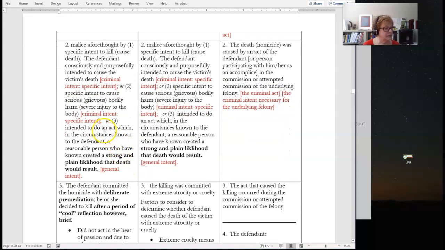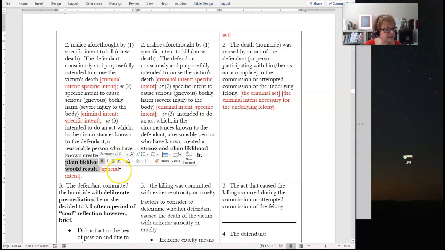And the third way that malice can be demonstrated in a first-degree murder case or a second-degree murder case is that the defendant intended to do an act which, in the circumstances known to the defendant, and a reasonable person would have known, created a strong and plain likelihood that the result would occur.